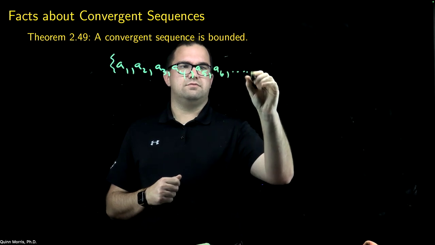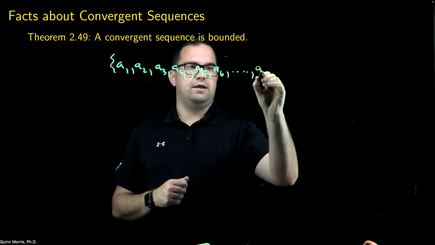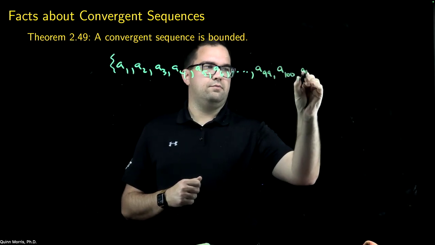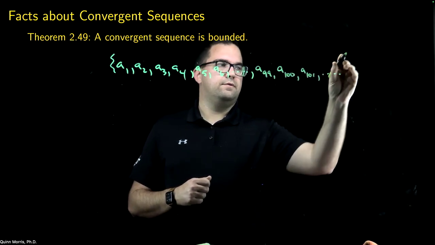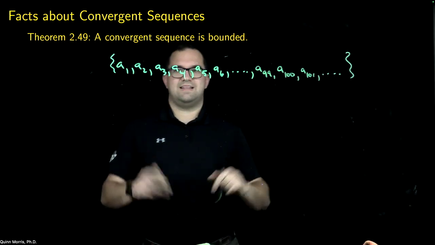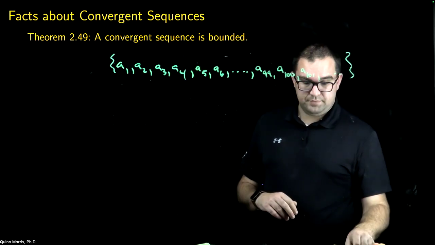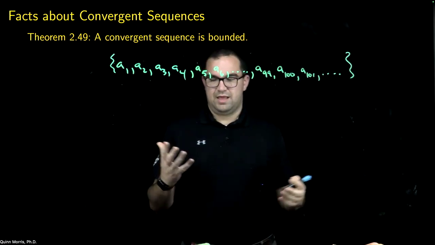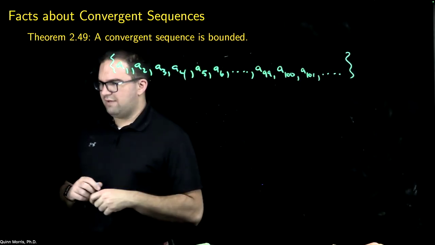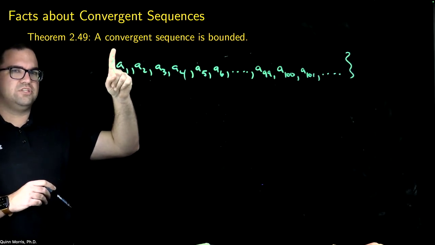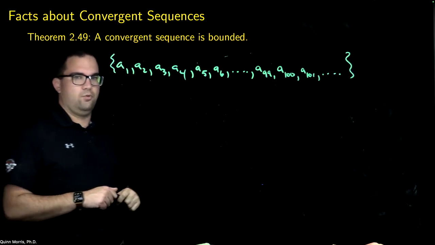A99, A100, A101. You can't just say take the maximum because the maximum may not exist. If you have an infinite collection, it may not have a maximum. So this is where we somehow need to use the convergent bit to help us.